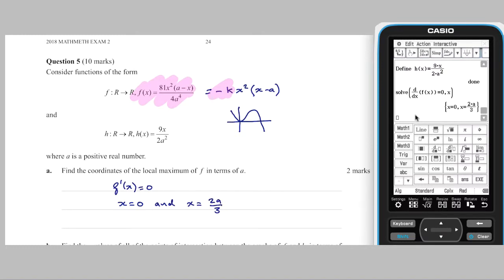This provides us with the x coordinate of our maximum value. The y coordinate can be found using the function. So our local maximum is x equals 2a over 3, y equals 3 over a.